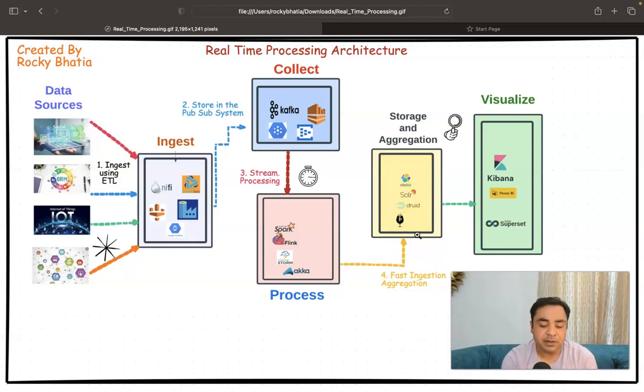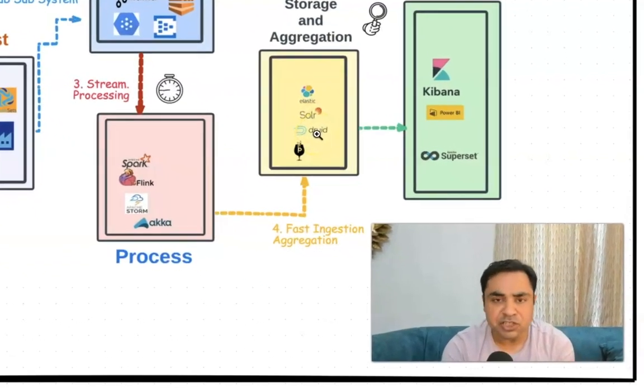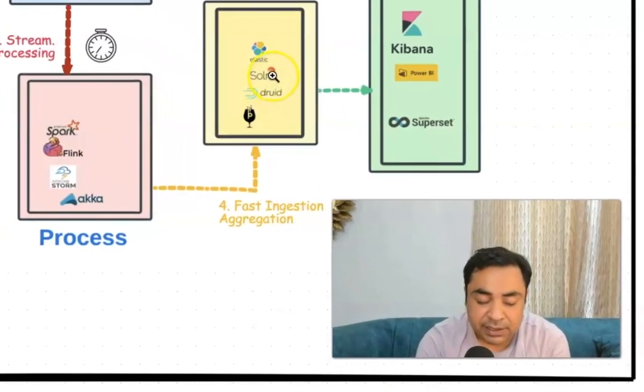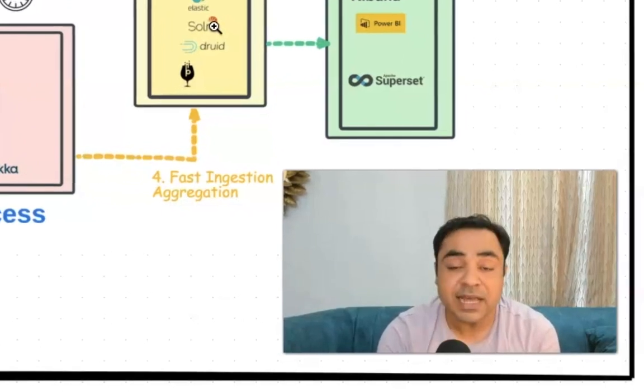Or if we don't want OLAP capability but want searching capabilities, then we could look at solutions like Elasticsearch or Solr, where we ingest the data at high speed, and in real time we are able to search the events and do analysis on those events.